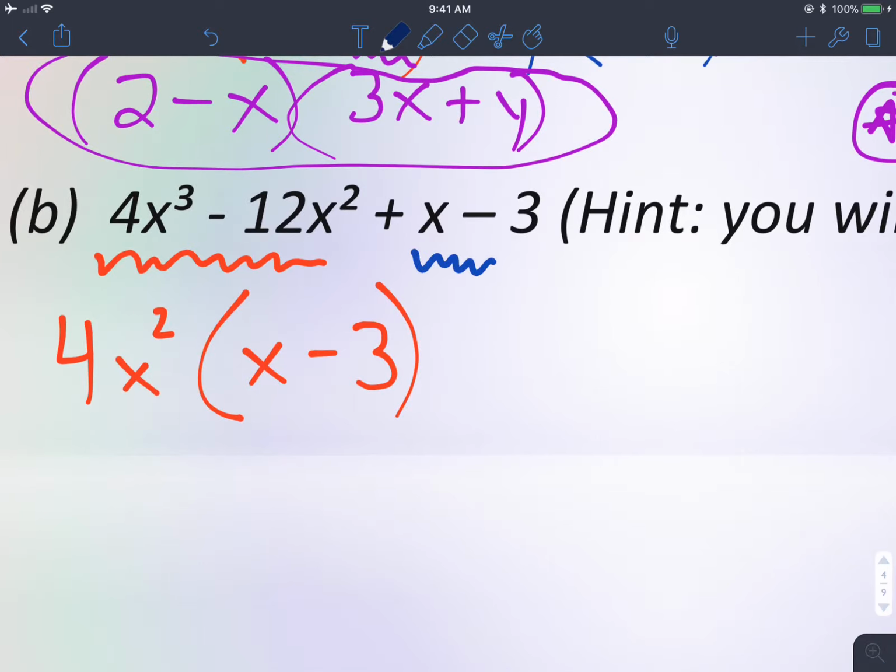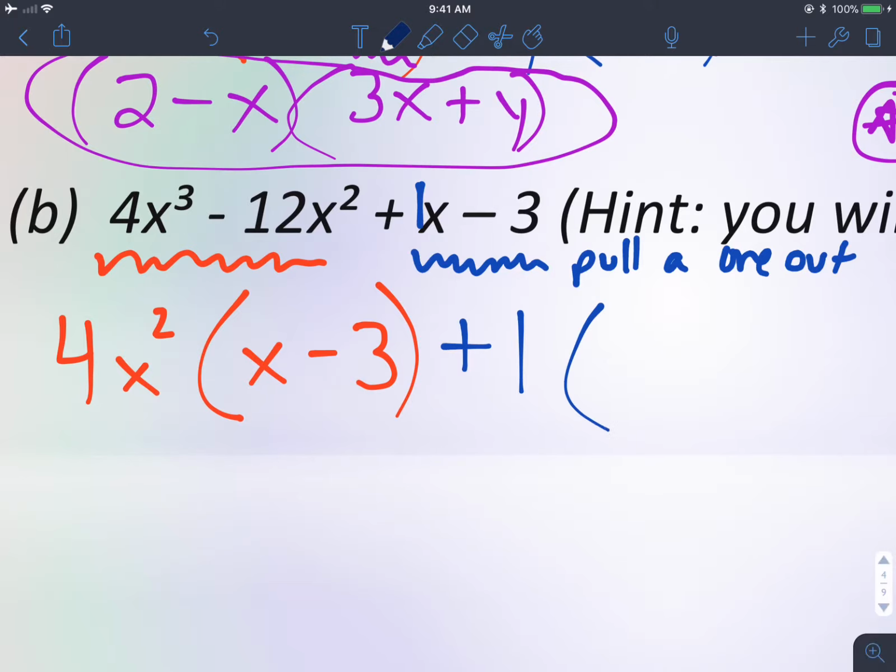See how there's nothing in common there? It might still factor because we can factor out a 1. Yeah, exactly. So if you want to think of it like this, there's a 1 in front, right? And I got to get the two terms to match up, so I can factor out a positive 1, and that still leaves me with, in parentheses, x minus 3.